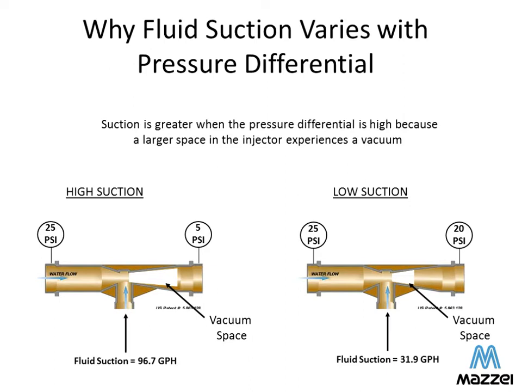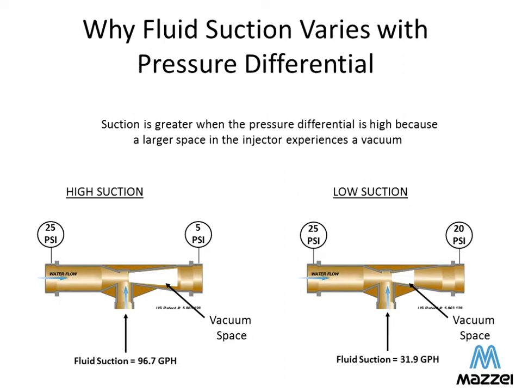And you will notice on the injector performance tables that at about 50% or so pressure differential on average, even if you allow more pressure differential, you're really not gaining much more suction capacity.